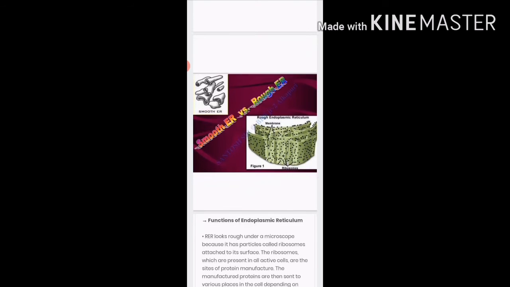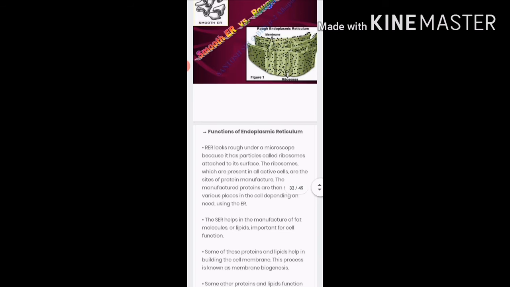endoplasmic reticulum is. Now, as you know that on the rough endoplasmic reticulum there are ribosomes. These ribosomes are specifically meant for the protein synthesis. So, in short, rough endoplasmic reticulum along with ribosome is having the function of manufacturing protein.